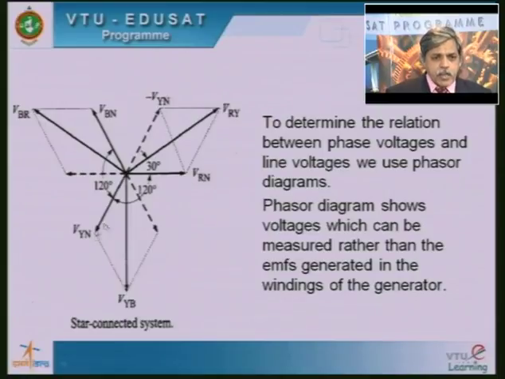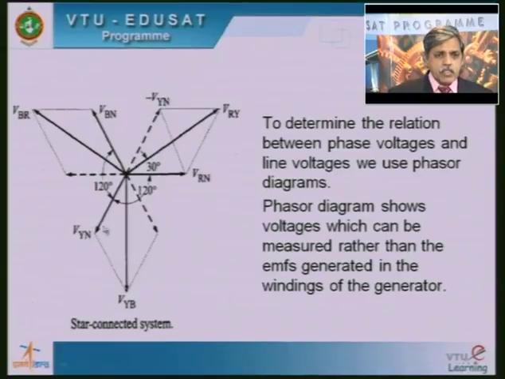Then VYN, the Y phase voltage, is lagging behind the R phase voltage by 120 degrees, and the phase voltage VBN is lagging the Y phase voltage by 120 degrees. So, that will give you the system of phase voltages VRN, VYN, VBN.